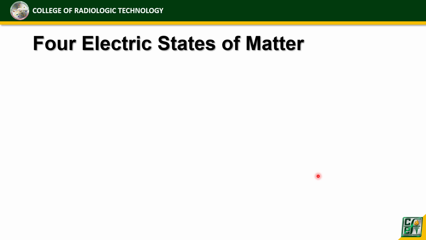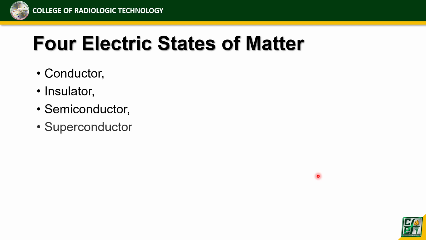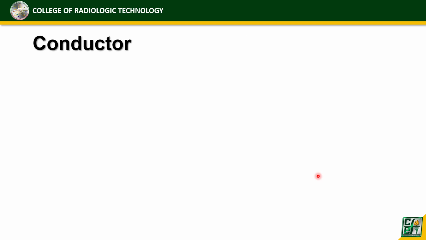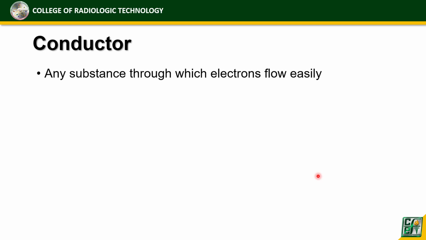So there are 4 electric states of matter. So we have conductor, insulator, semiconductor, and superconductor. Ano pagkakaiba nila? Conductor, any substance through which electron flow easily. While insulator, may characteristic pa.